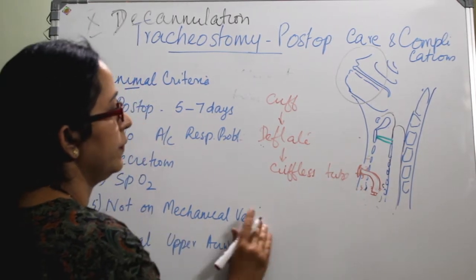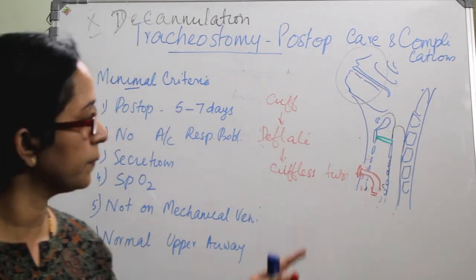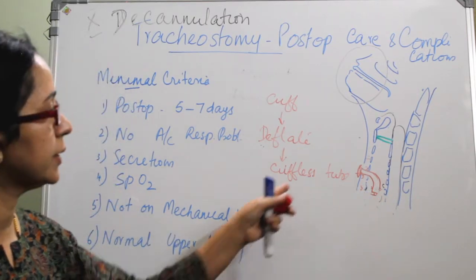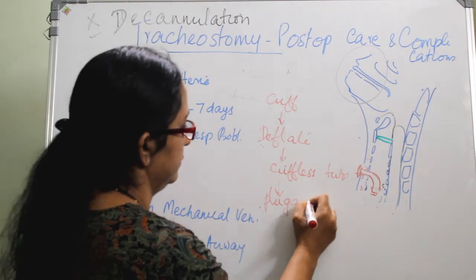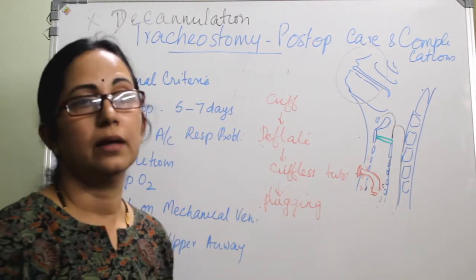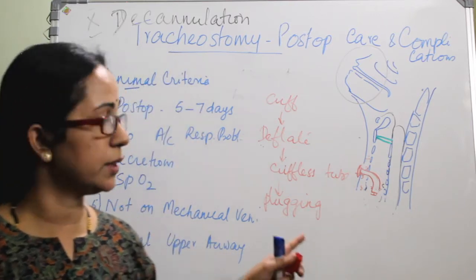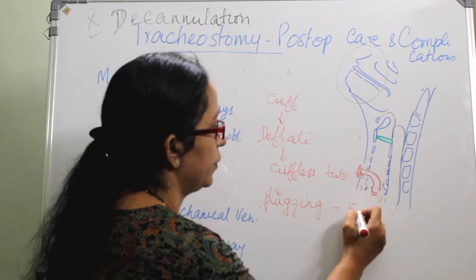Or if already you are using a cuffless, then change into a smaller tracheostomy tube, and after that observe the patient. If it is successful, then plug the inner tube. If there is an inner tube, remove the inner tube and use a decannulation plug and watch for 5 to 10 minutes.